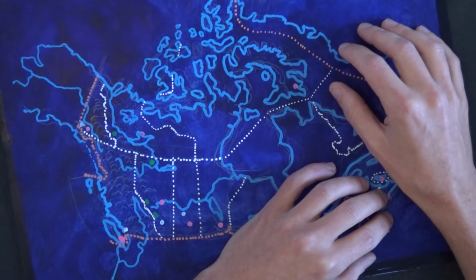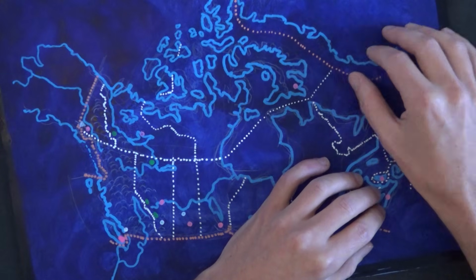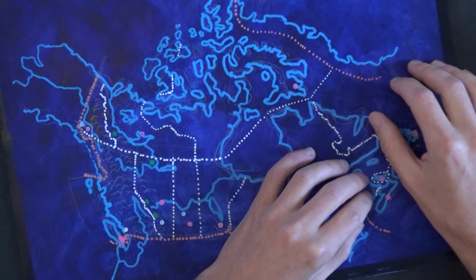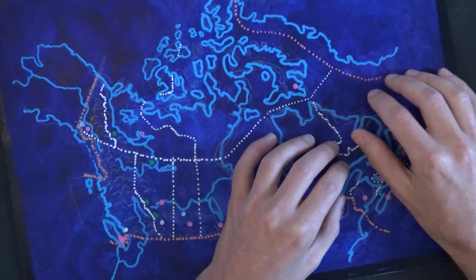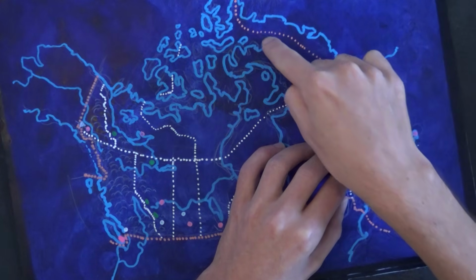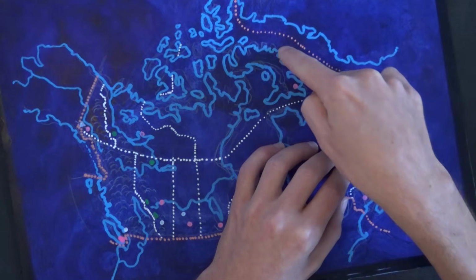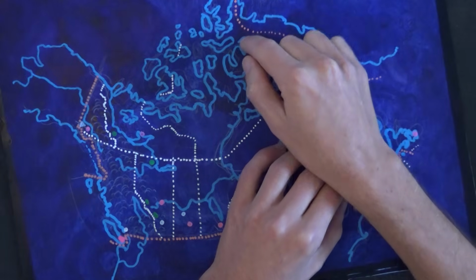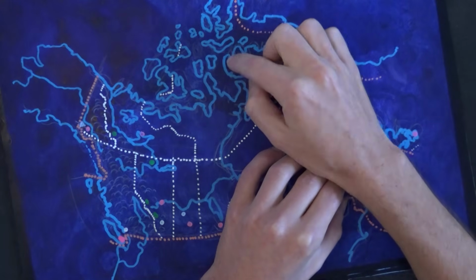And the first person who completed this passage was the Norwegian Roald Amundsen. Completed this between 1903 and 1906. So the Northwest Passage goes here through Baffin Bay and through Lancaster Sound, between Baffin Island and Devon Island here.